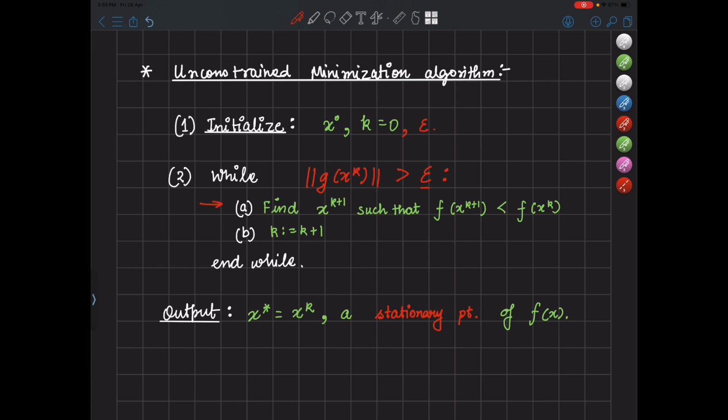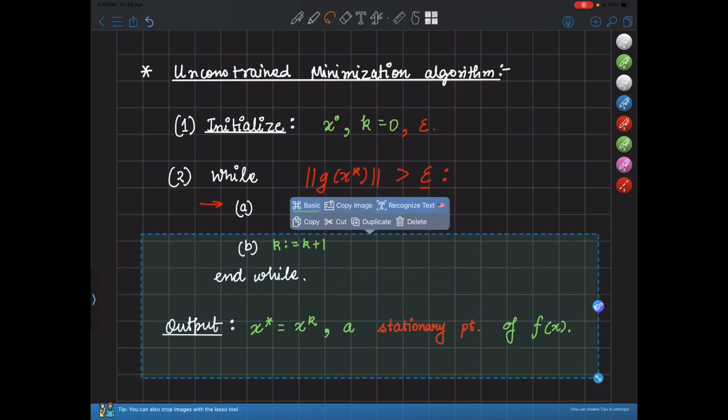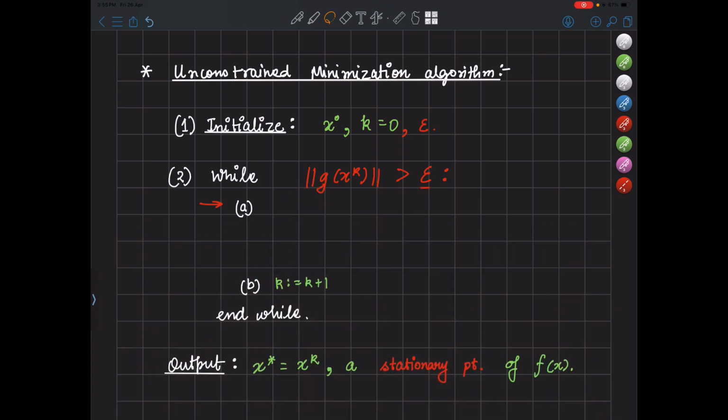Let's first remove this generic line and put it a little bit down. So what do we do? The first thing we do is find a descent direction dk for f at xk. Then what is the second point? We find alpha k.